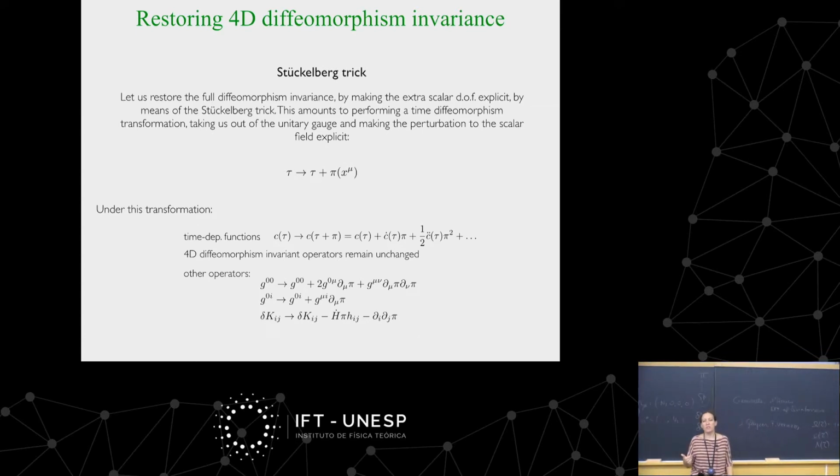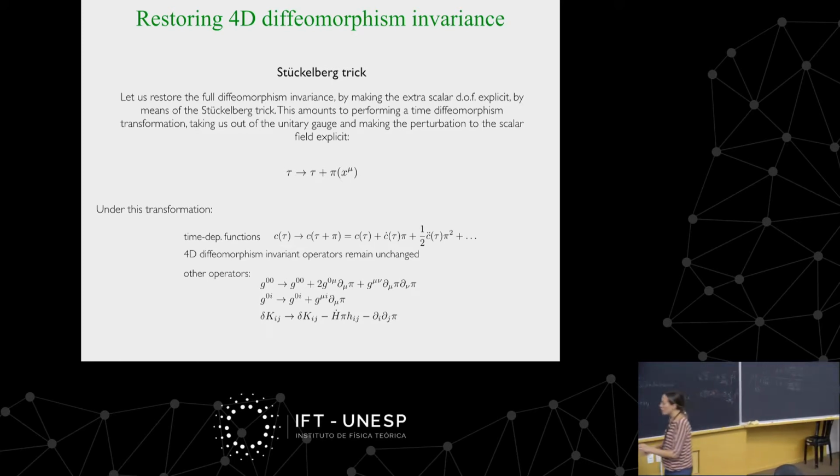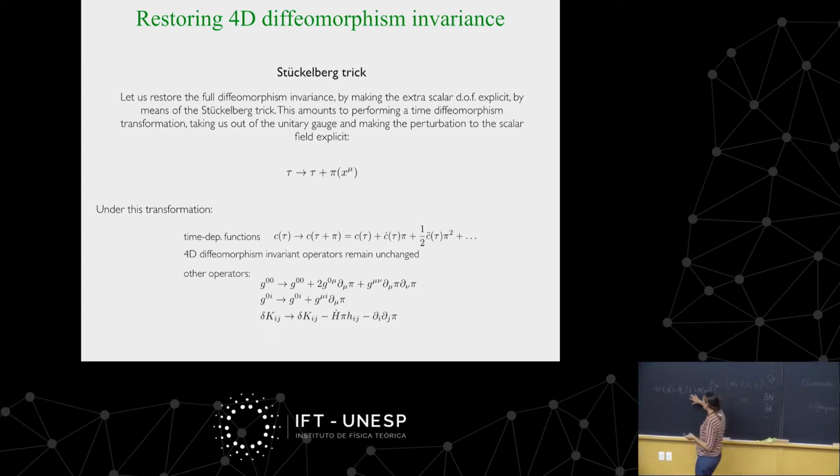I'm swapping between t and tau because we are not doing any concrete calculations, but you have to be very careful. The action I've shown is in conformal time. So that will give differences of factors of a and a squared and whatever in the operators that appear in the action. And so you have to be very careful with respect to which coordinate you do your time diffeomorphism.